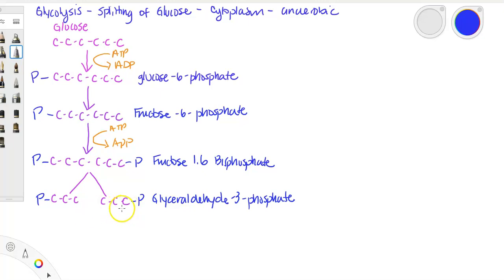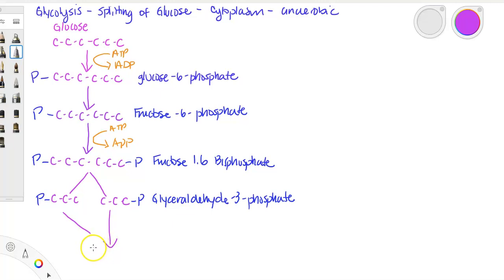So both of these molecules, we're going to oxidize. Okay. So both are being oxidized.